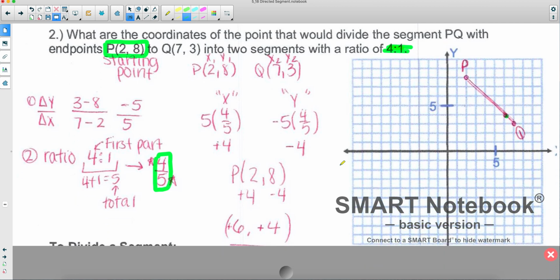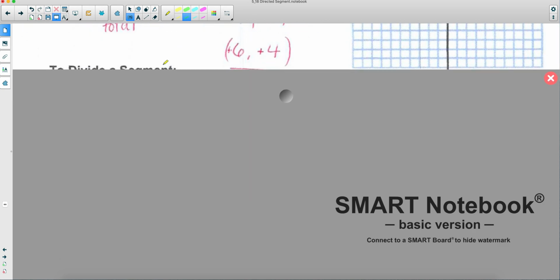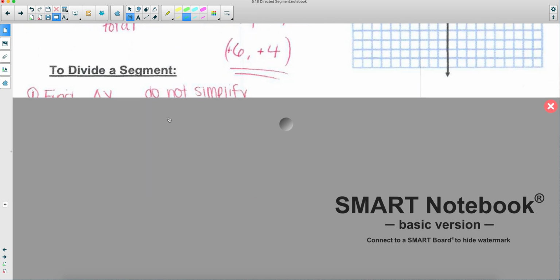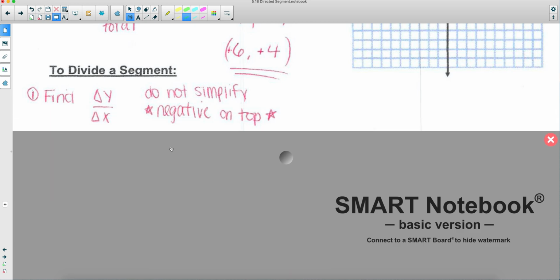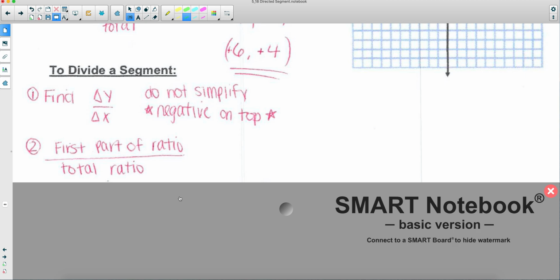Okay. So again, same 4 steps. So to divide a segment, either you can summarize the steps that we've done, or you can kind of just jot down what we have. And that's first to find change in x, change in y over change in x, or slope. You don't want to simplify, the negative should always be on top. Second is dealing with the ratio and turning into a fraction. It's the first part of the ratio over the total number of parts.